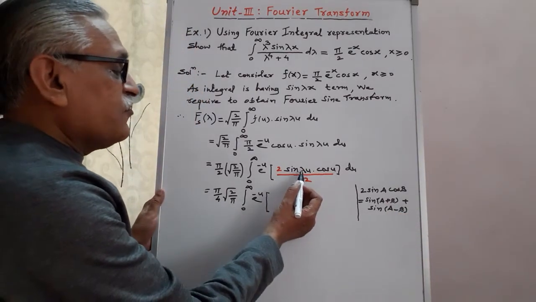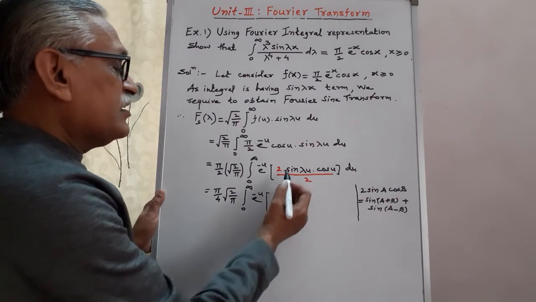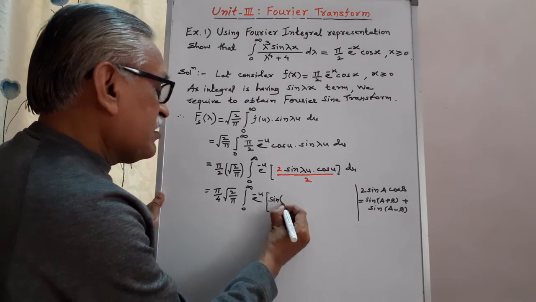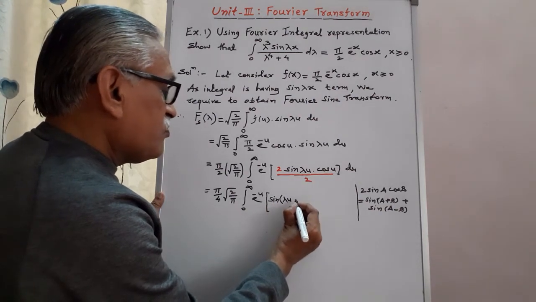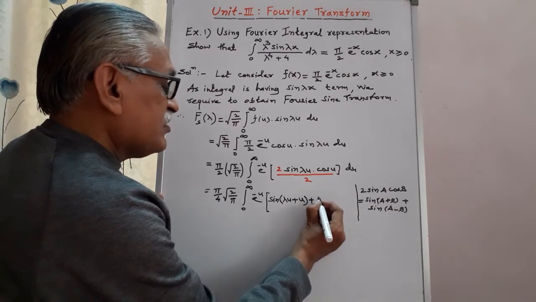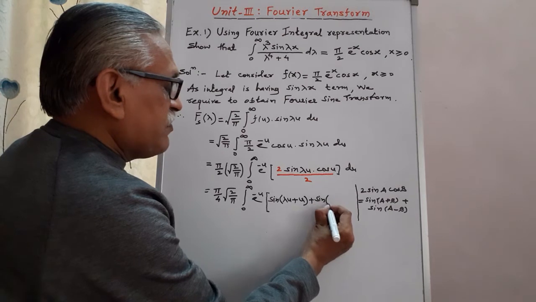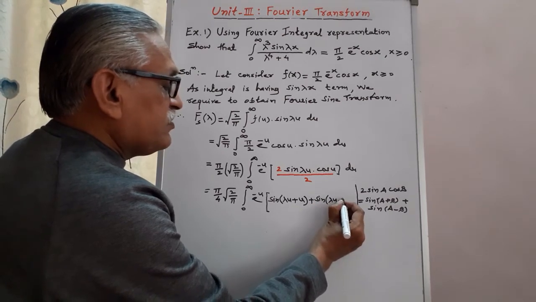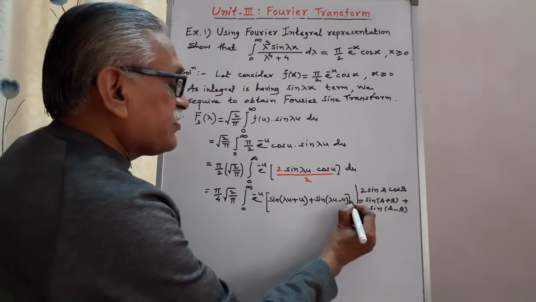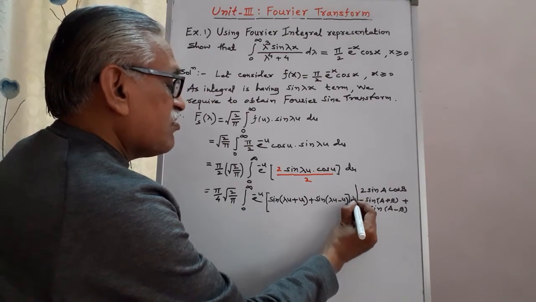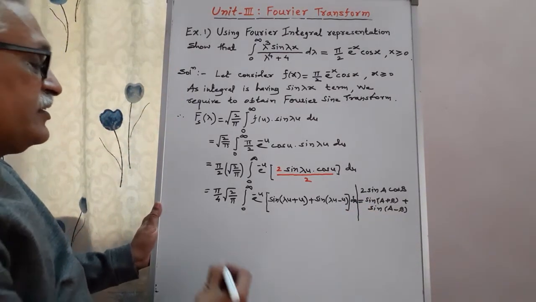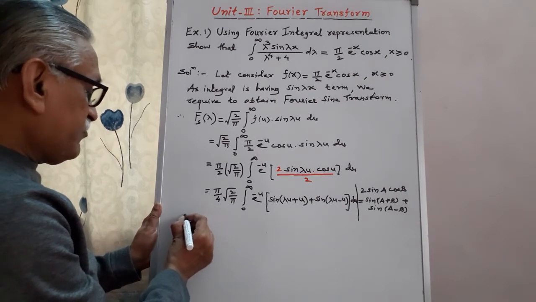Therefore, if we consider this as a and this as b, 2 sin a cos b is sin of a plus b, where a is lambda u, plus u, and plus sin of a minus b, lambda u minus u, and then its integration with respect to u.